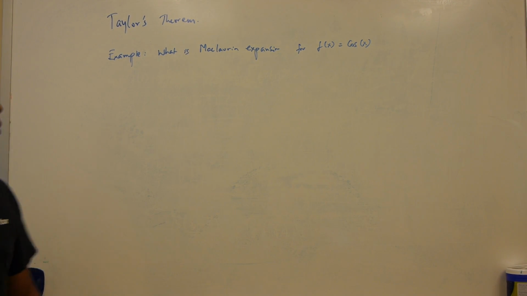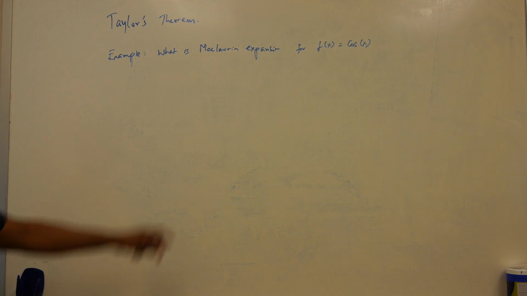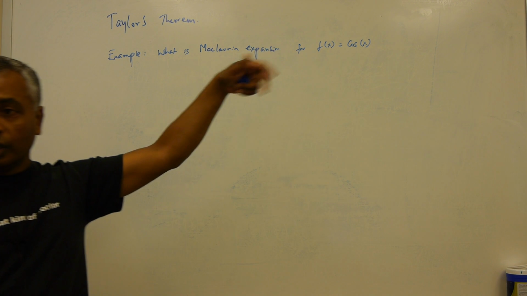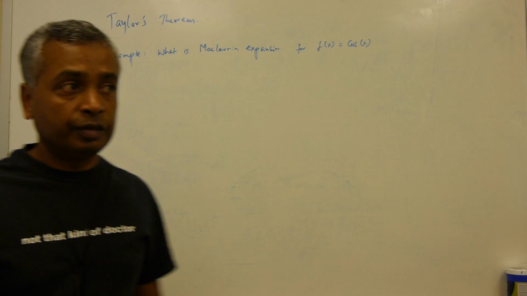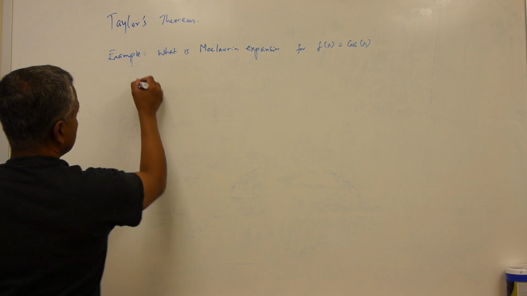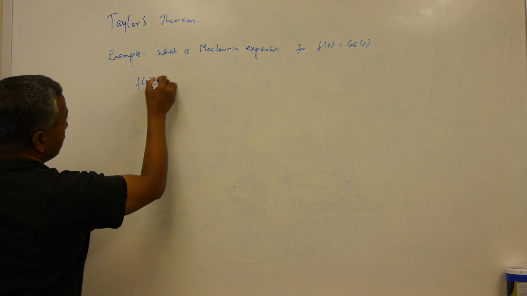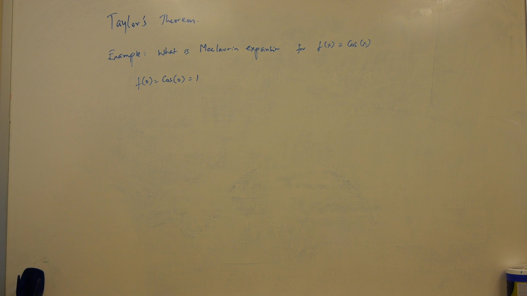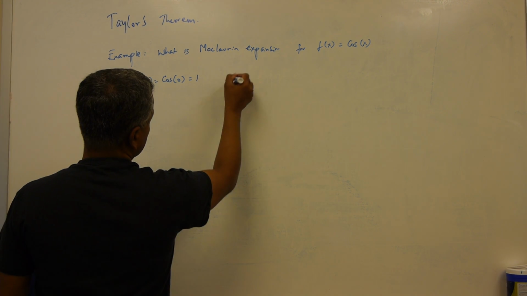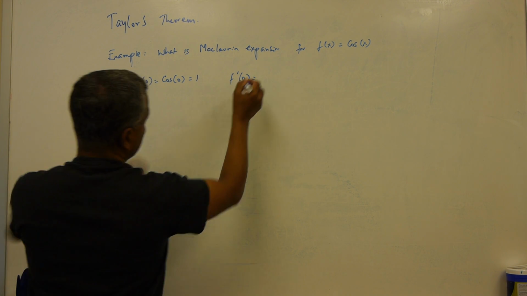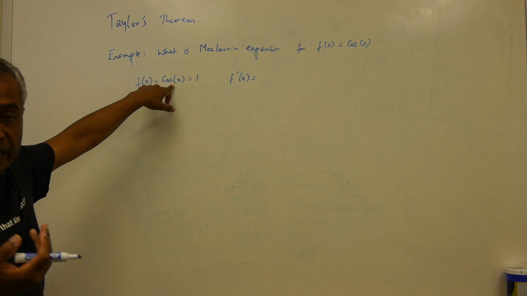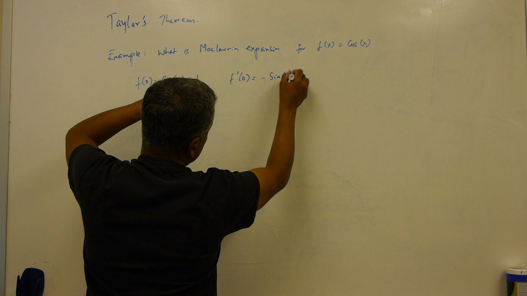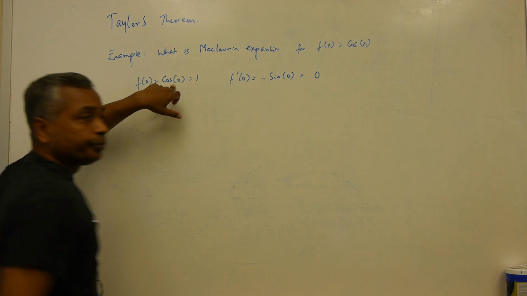Okay, so let's once again compute the function. Remember, the Maclaurin series is the expansion around 0, so I'm going to have to compute f(0), the derivative at 0, the second derivative at 0, and so on. So what is f(0)? f(0) is simply cosine 0, which is 1. Now the derivative f prime(0): the derivative of cosine x is minus sine x, so this is minus sine 0, which is 0.